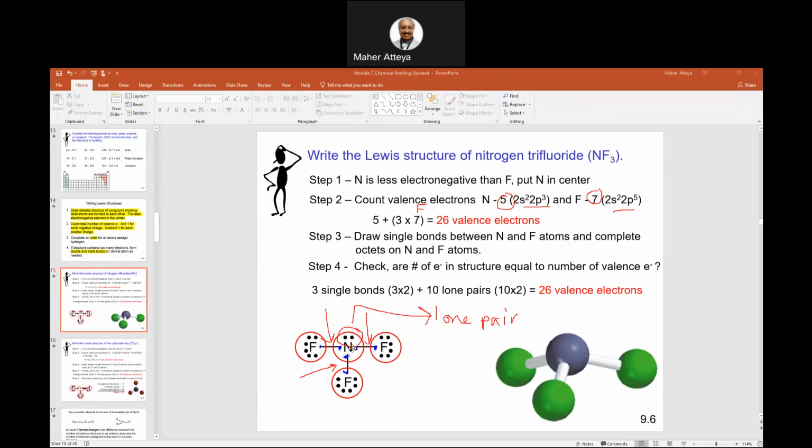Nitrogen has to have 8. So how we can calculate the 8 now? Take this one out. Let's calculate the 8 for nitrogen. So those are 1, 2, 3, 4, 5, 6, 7, 8.